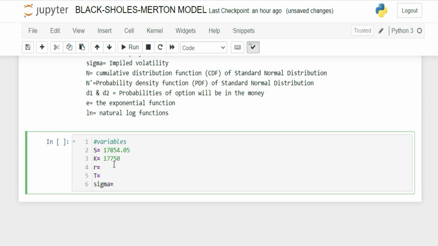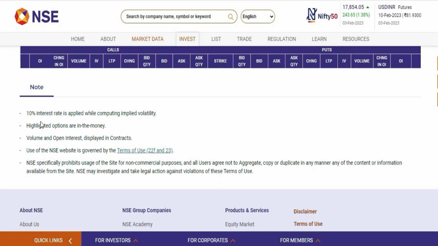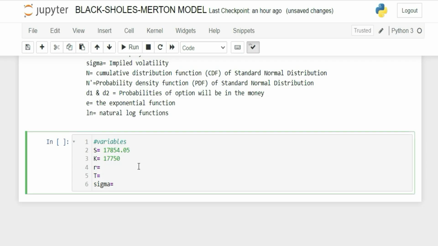And for the rate of interest, they are using a 10% interest rate while computing implied volatility. So we are going to use the same 10% here, so 0.10.